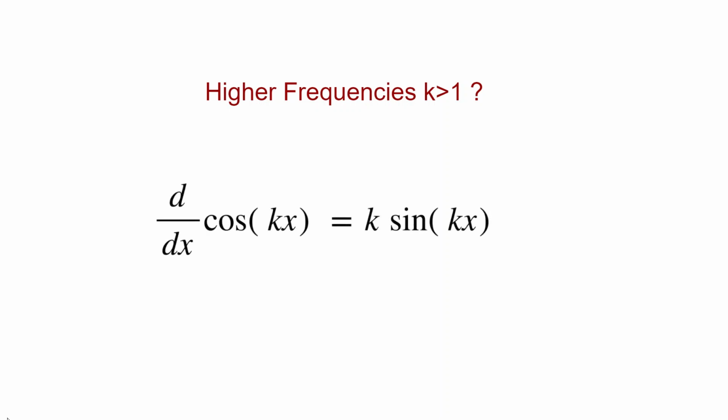Remember, the derivative of cosine of kx is k times sine of kx. This simply means that if you want to apply a derivative to a point with frequency k, we rotate the point by a times pi over 2 and scale it by k to the a.